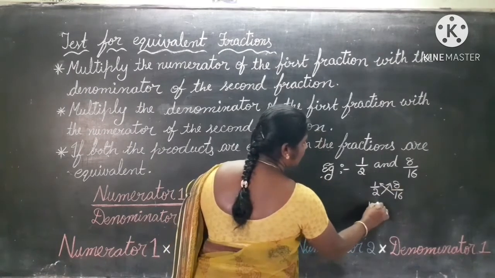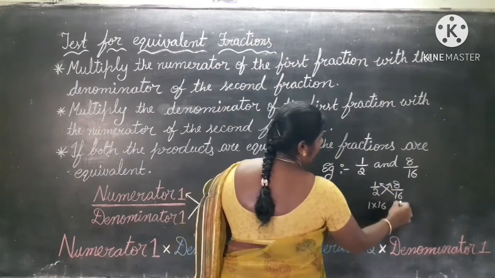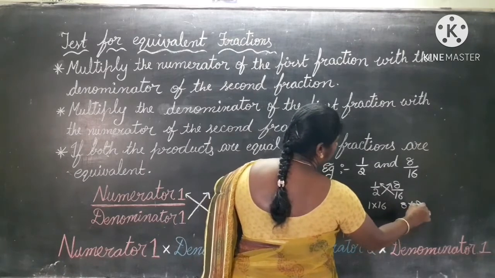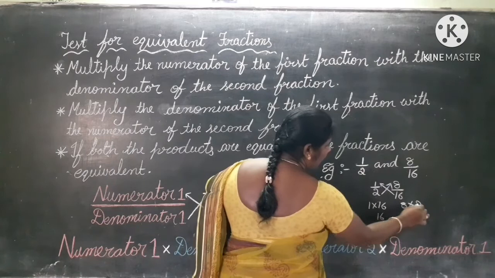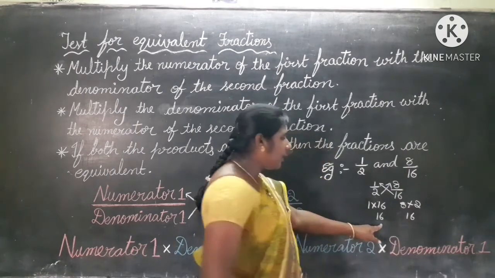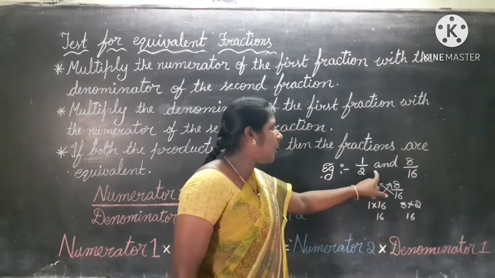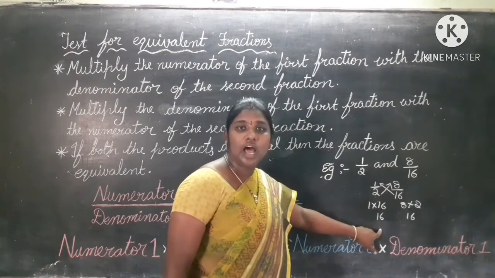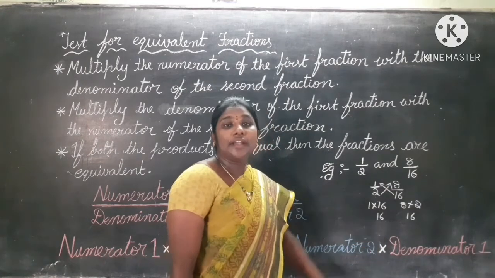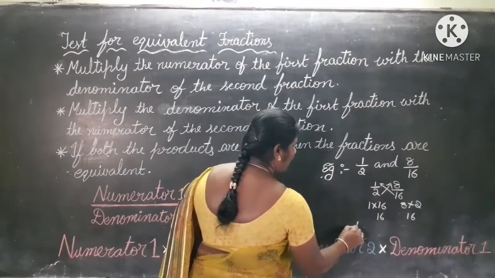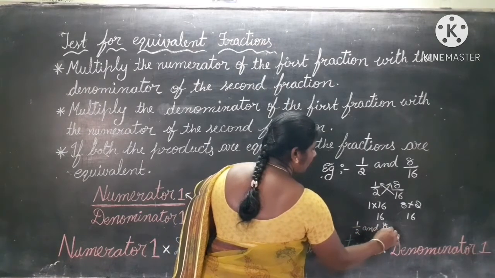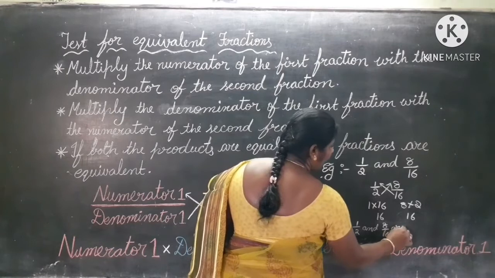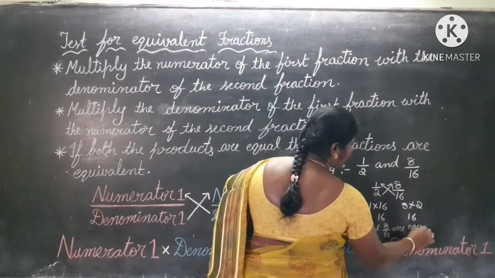So 1 into 16 and 8 into 2. 1 into 16 is 16, 8 twos are 16. Now we get both are equal. So 1 by 2 and 8 by 16 are equivalent fractions.